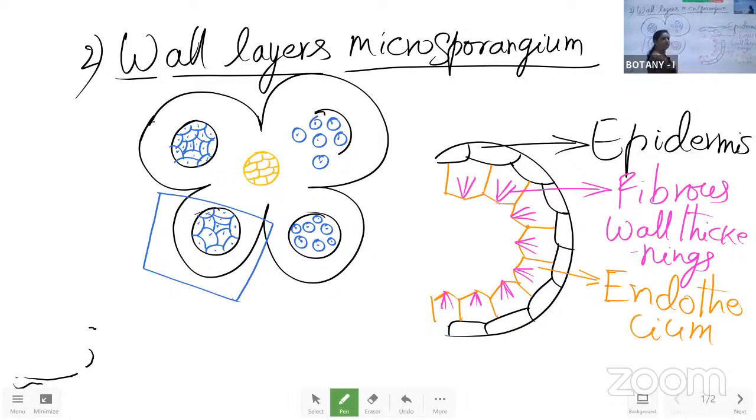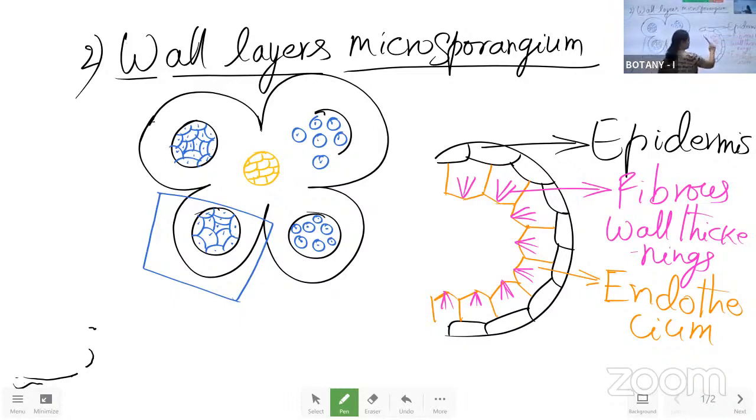Endothelium. Okay, so the second wall layer in the microsporangium is the endothelium. This is what to write in this descriptive part. Endothelium is a single layered second wall layer that is present below the epidermis, and the cells are somewhat bigger than the epidermis and have fibrous wall thickenings in them.